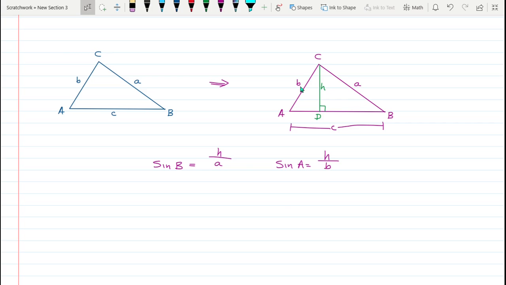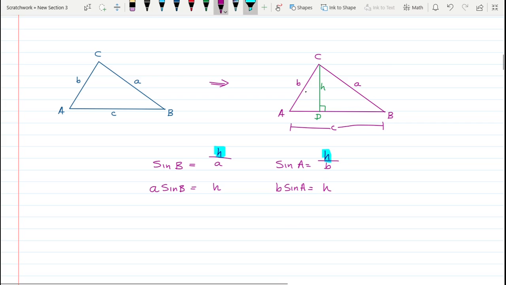So we get these two ratios, these two definitions from what we know. But notice that they have something in common: they have an h in both of their definitions. So if we try to solve for h, we get the following. a times sine of B is equal to h, and b times sine of A is equal to h.